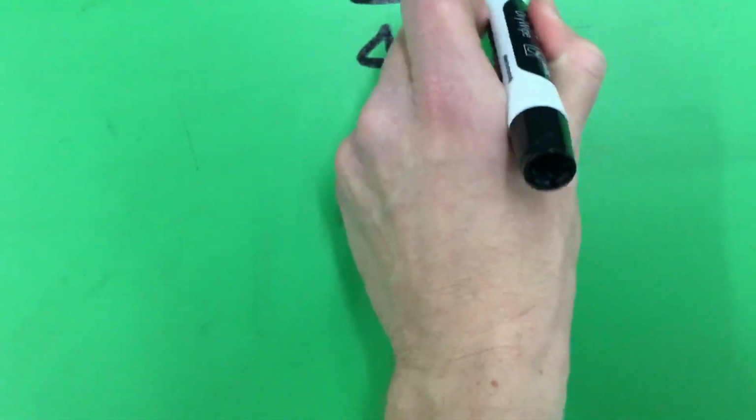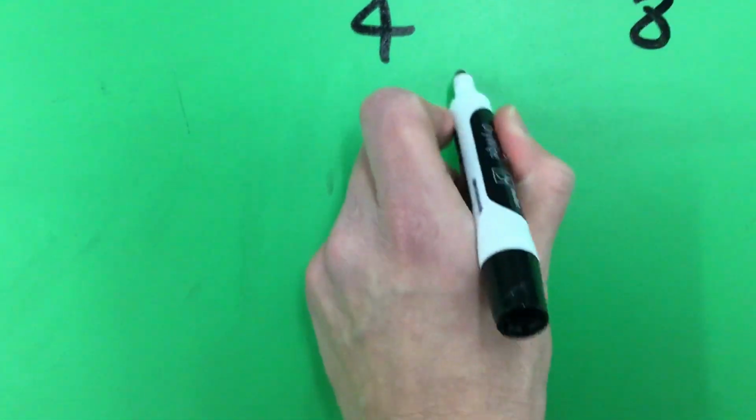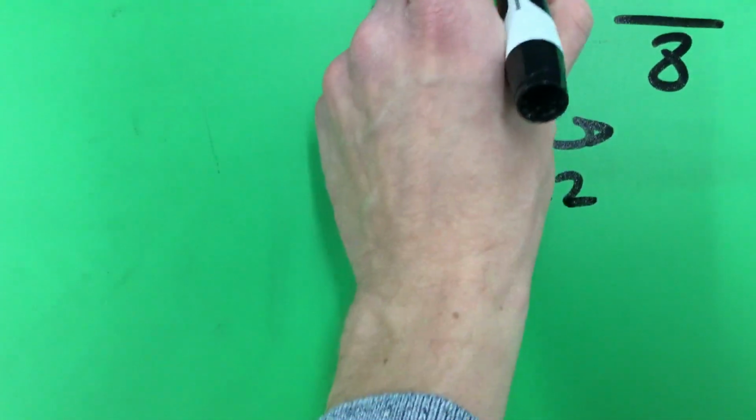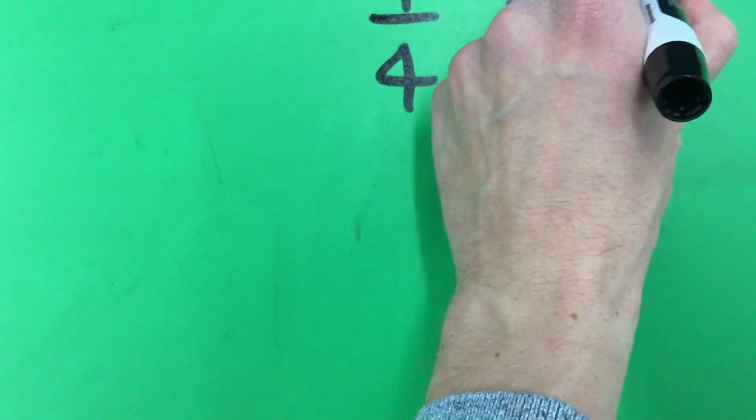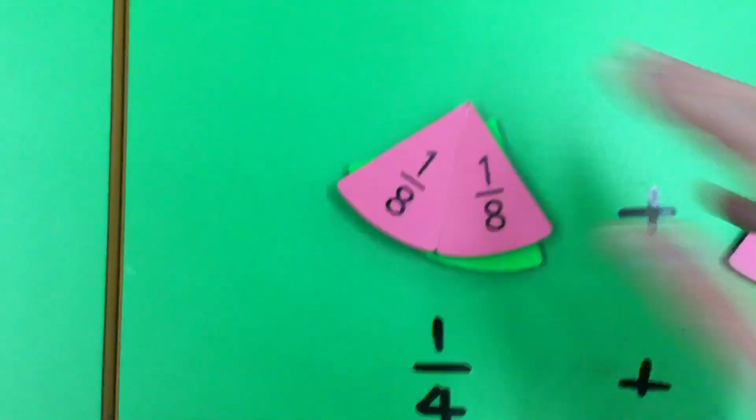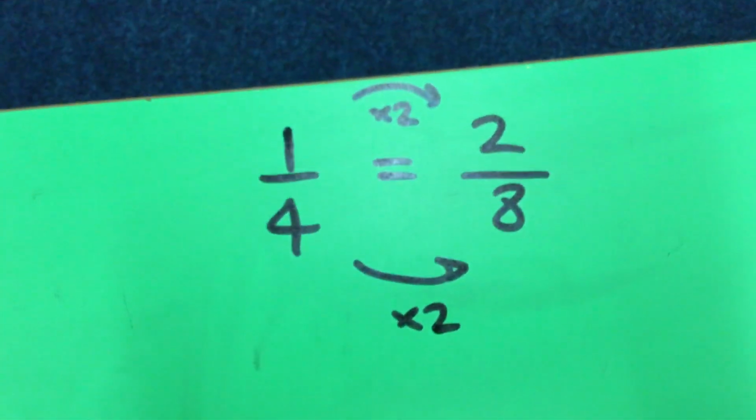We can prove that because 1 quarter equals 2/8. We've just shown that there. There are the 2/8 on top of the 1 quarter. What I've done is made the denominators equal.